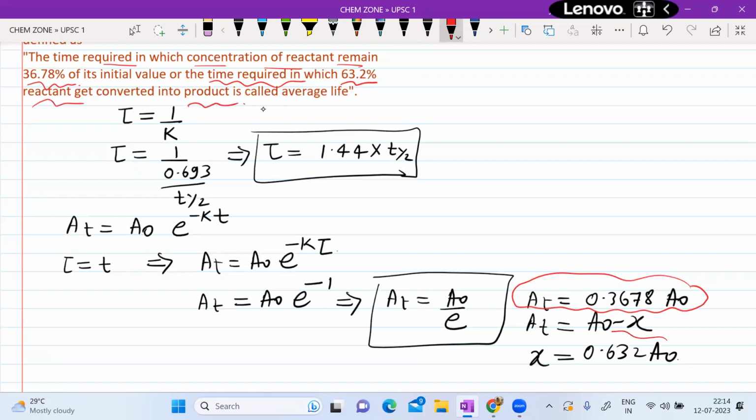You can say the product obtained is 63.2% of initial concentration. So this is the concept of average life. This is an important formula which can be used during the solution of problems which are asked in different exams.